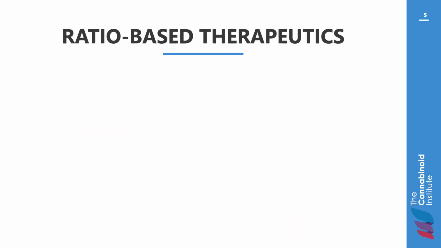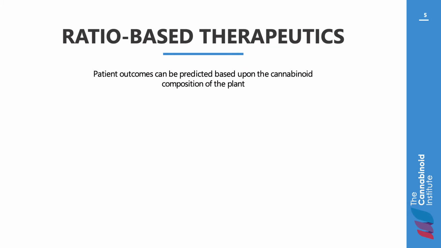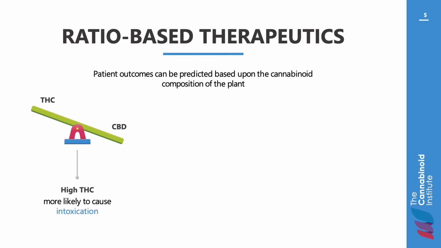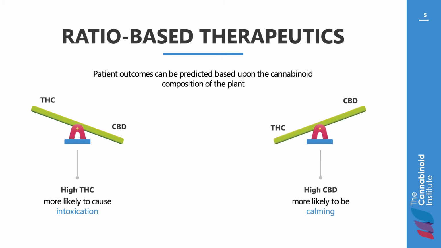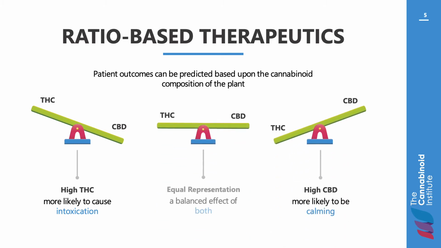A more clinically sound cannabis dosing methodology is to focus on ratio-based therapeutics, which is the idea that patient outcomes can be predicted based upon the cannabinoid and terpene composition of the plant. High THC plants are more likely to cause intoxication, whereas a high CBD plant is more likely to be calming, and a plant with equal representation of CBD and THC will have a more balanced effect.